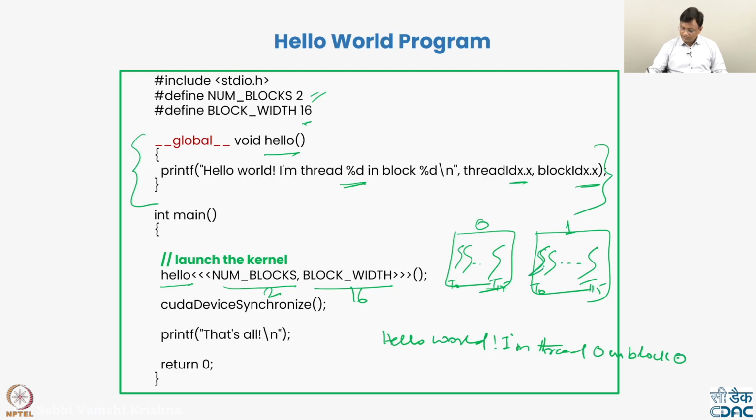If this thread is printing in the other block, it will print from block 1. You can see the thread ID is the same for both blocks, because I am not calculating the global or unique thread index. I am using the same thread index which is present inside each block. So, thread 0 is present in block 0, and thread 0 is present in block 1 as well.